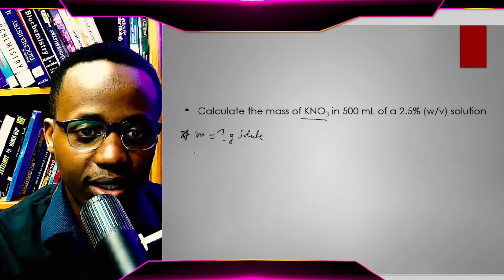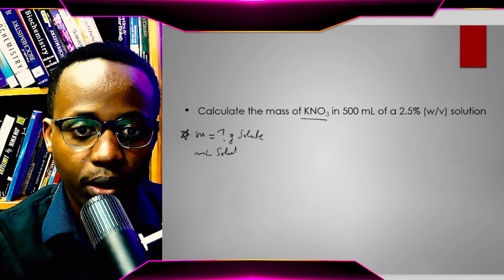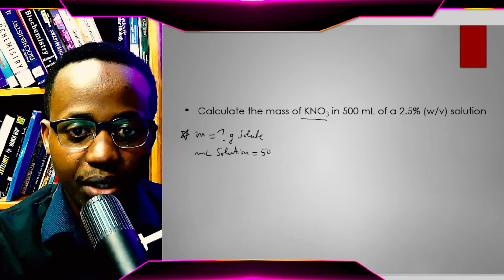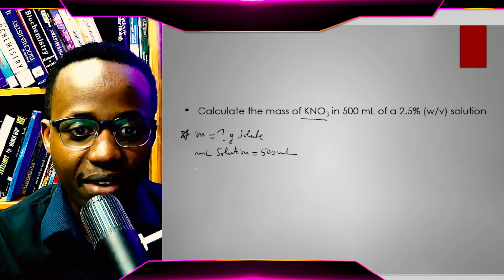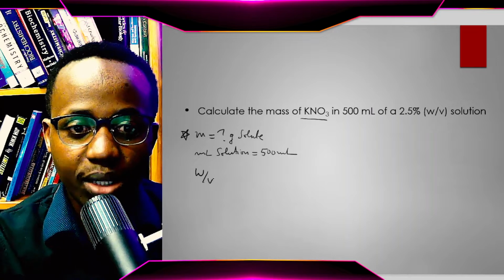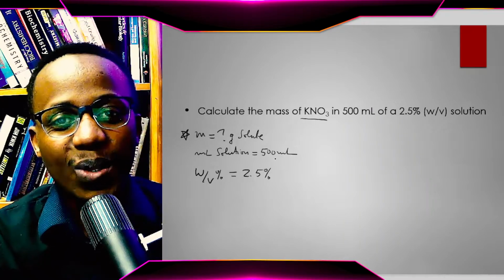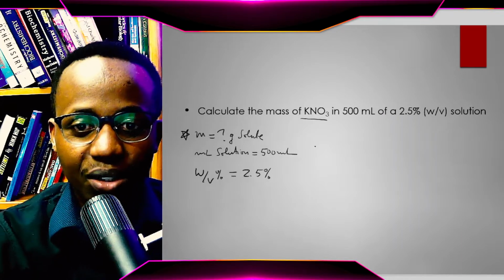And then they gave us the milliliters of the solution, which is 500 milliliters. And then they gave us the concentration, which is weight per volume percent in this case, which is 2.5%, right? So they gave us this, they're asking for the grams of solute.